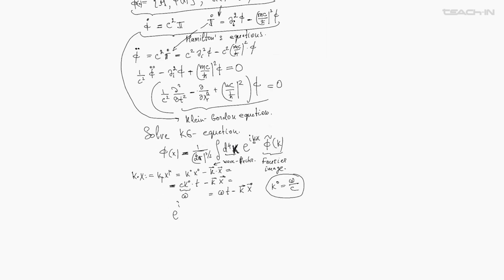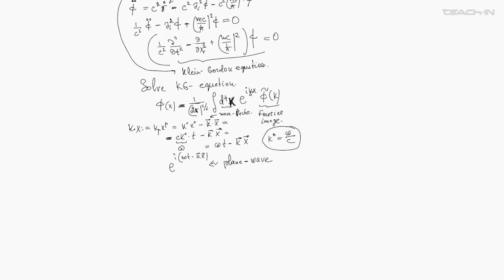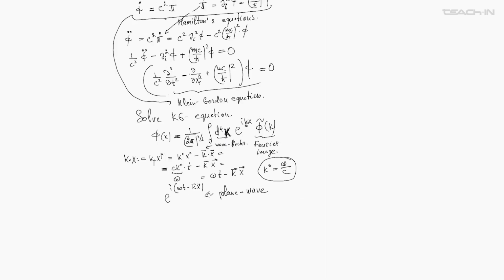In quantum mechanics, this combination is usually called a plane wave. So the Fourier transform for the field phi of x is a decomposition over plane waves. If you wish, it's an integral over plane waves. And what you do next is take this representation of the field phi of x via the Fourier image, plug it into the Klein-Gordon equation, and see what you get for the corresponding Fourier image.